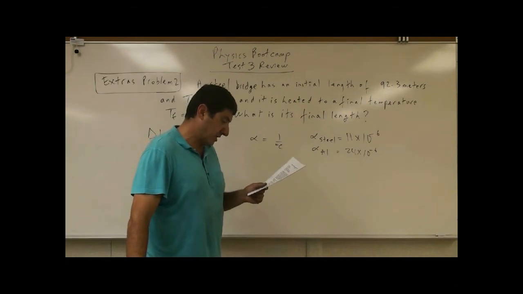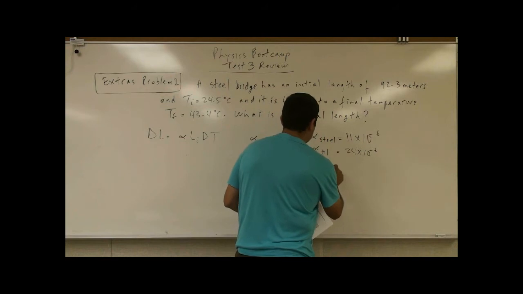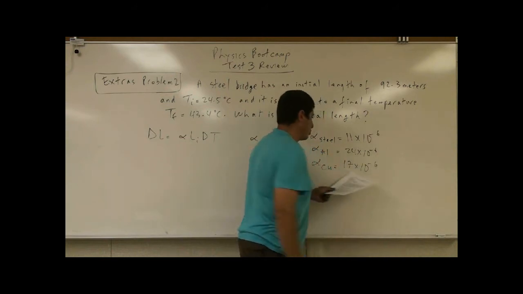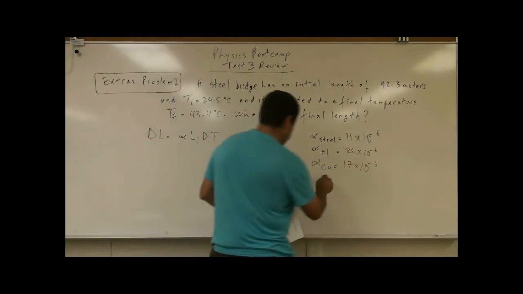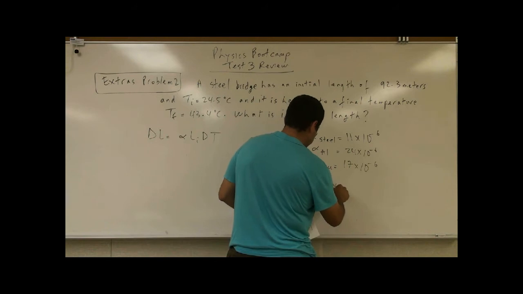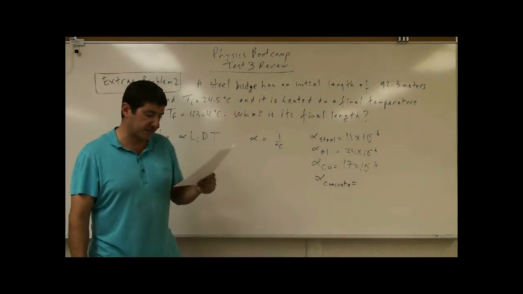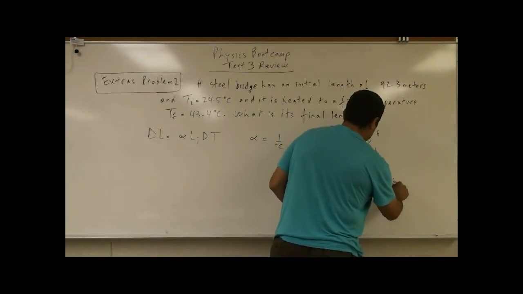For example, copper happens to be 17 times 10 to the minus 6. So it's kind of between steel and aluminum. Concrete, which is not a metal, but it's just a material also, it also expands, and its expansion is 12 times 10 to the minus 6.